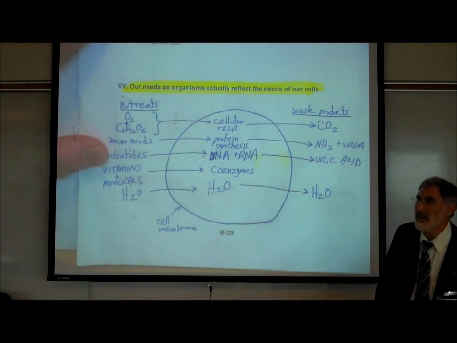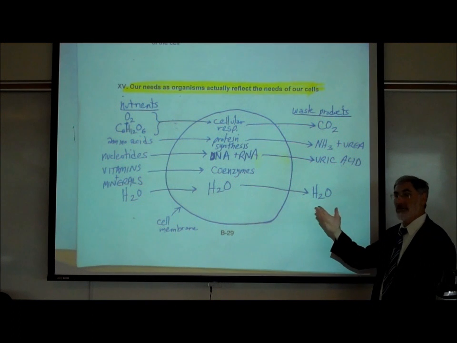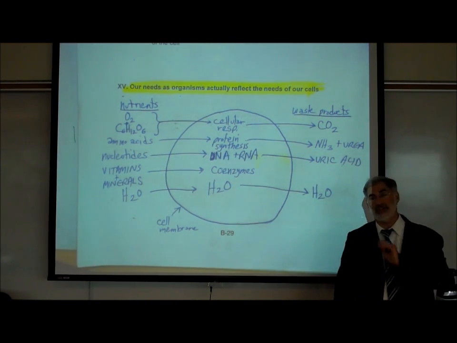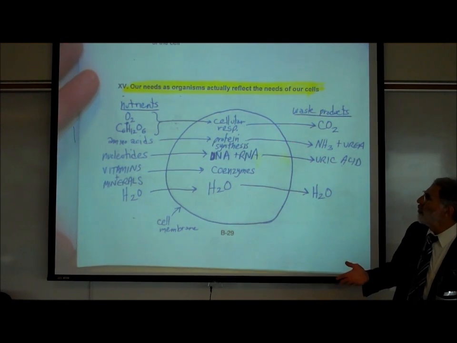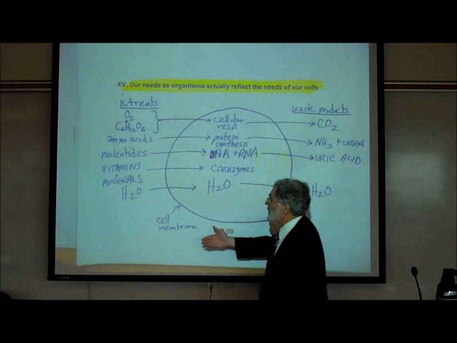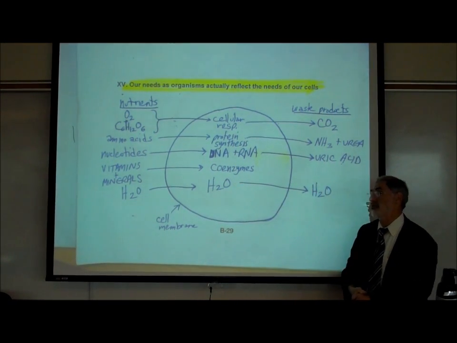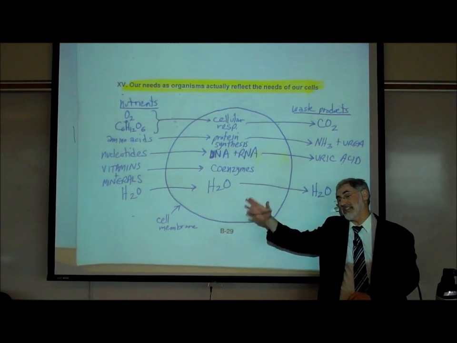Iron is a constituent of hemoglobin. Niacin is a coenzyme in cellular respiration that transfers hydrogen ions. We also know that water flows into a cell or out of a cell, right? Depending upon the relative concentrations of water on the outside of the cell versus the inside.